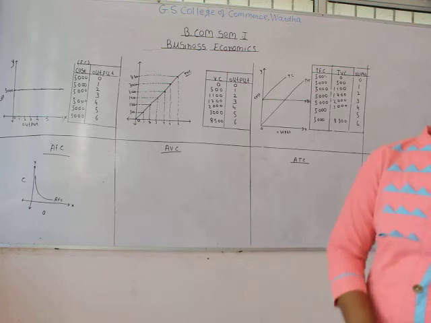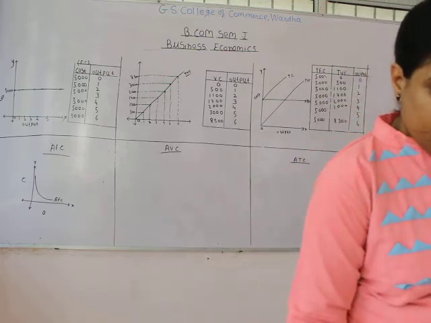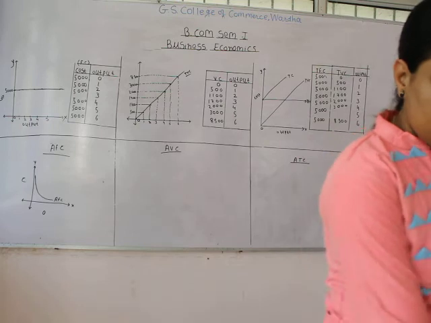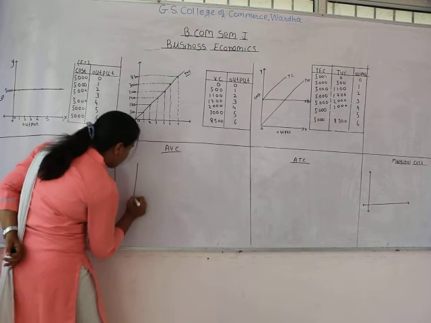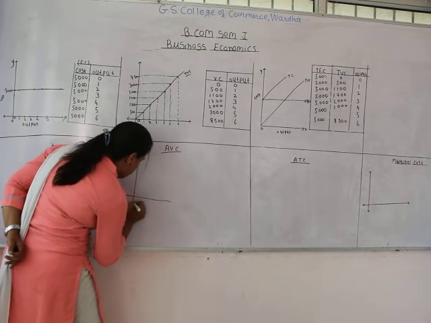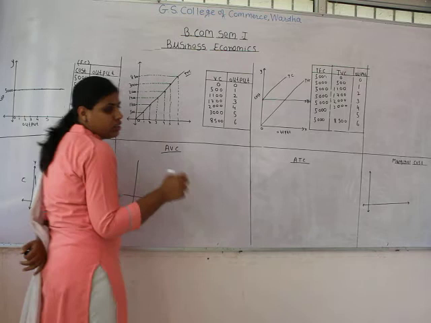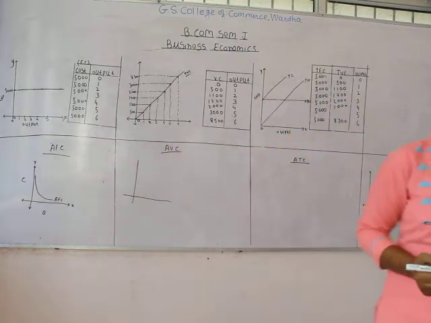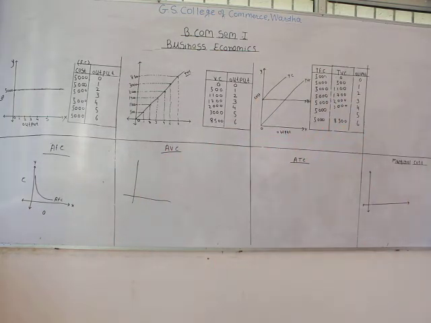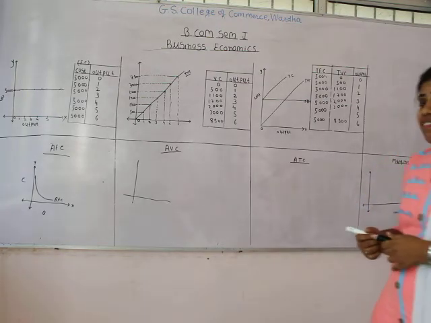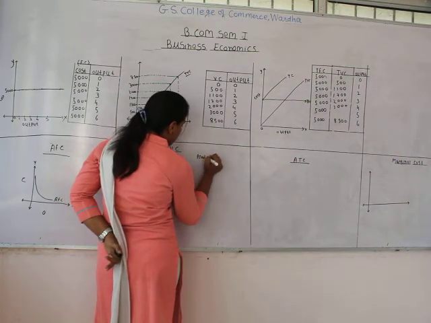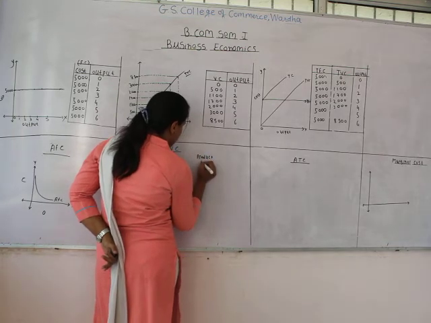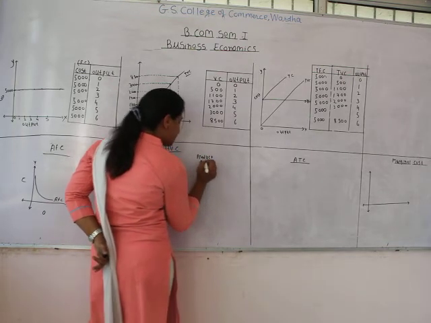Now let us see how the average variable cost curve will behave. Here we need to keep in mind the law of production function, whereby we have seen that at the initial level, when the amount of input increases, the production also increases at an increasing rate.